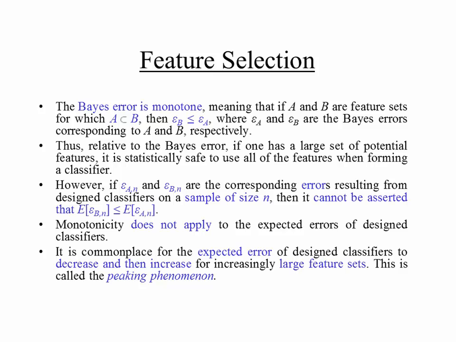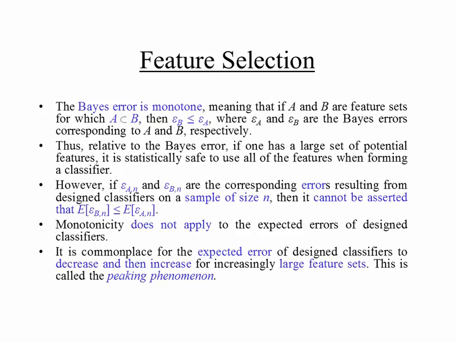So thus, relative to the Bayes error, if one has a large set of potential features, it is statistically safe to use all of the features when forming a classifier. However, if epsilon_an and epsilon_bn are the corresponding errors resulting from the design classifiers, from samples of size n, then it cannot be asserted that the expected error of the classifier obtained from a larger feature set is going to be less than or equal to the expected error of the classifier designed from the smaller feature set.